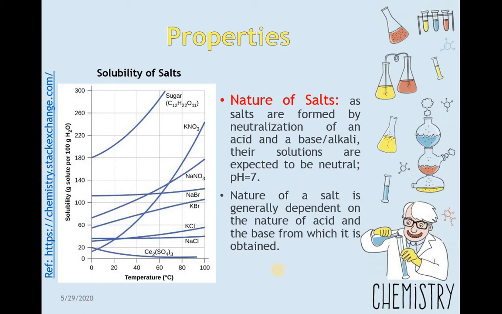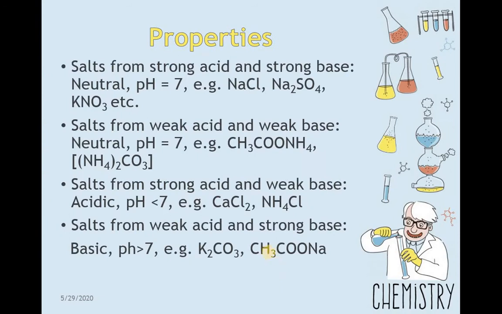But the nature of the salts is generally dependent on the nature of the acid and the base from which it is obtained. Here there are salts from different types of acids and bases, like strong acid, strong base; weak acid, weak base; strong acid, weak base; weak acid, strong base. From the ions or portions like sodium, sulfate, you can identify the acid and the base.